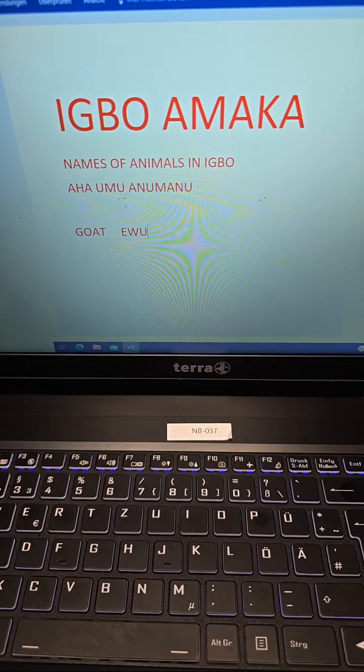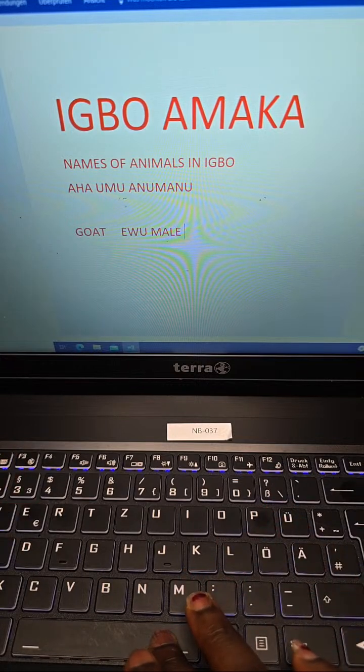We have the male ewu and the female ewu, nwoke ewu and nwunye ewu. Just like in a human being, we have a man and a woman, boy and girl, so in animals, the male has his own name and the female has its own name. But the general name of them all is ewu.